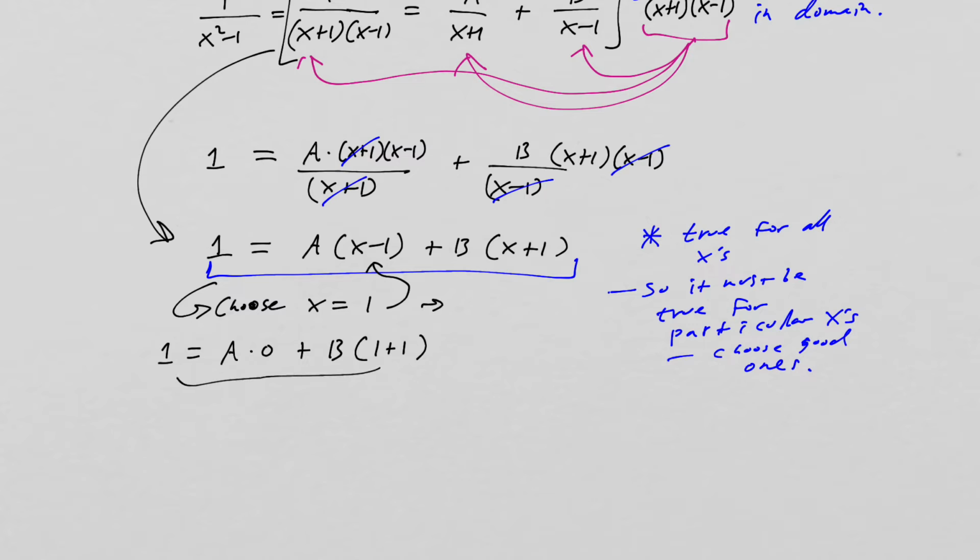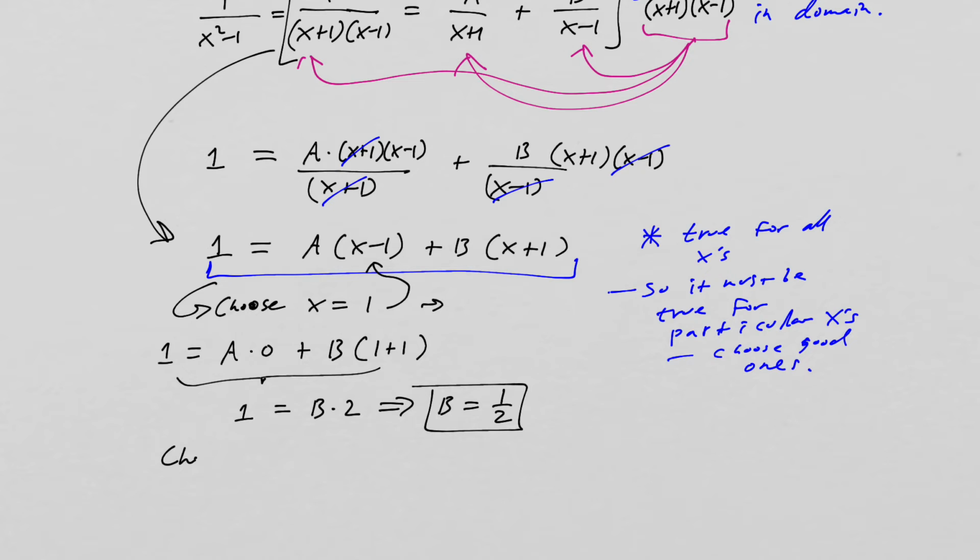That whole equation becomes 1 is equal to b times 2. Otherwise, we say b is equal to 1/2. So by choosing the right x value, we're able to eliminate one of our unknowns and find the other one all by itself.